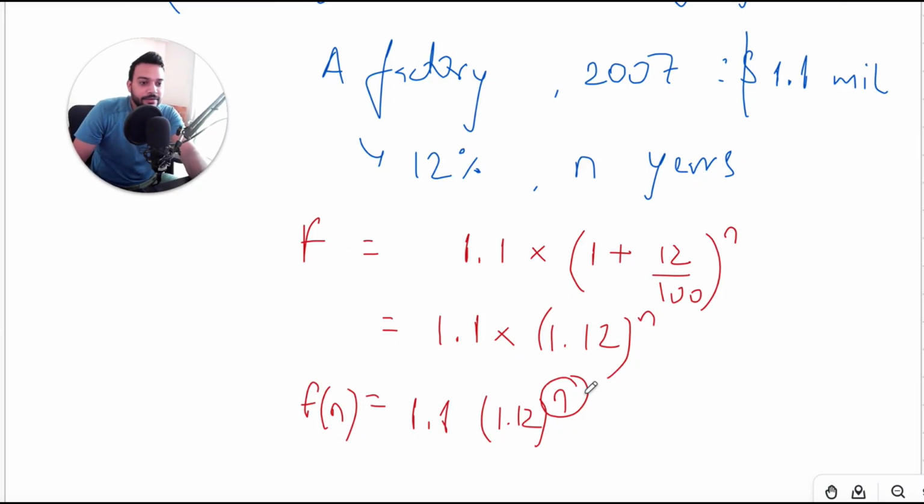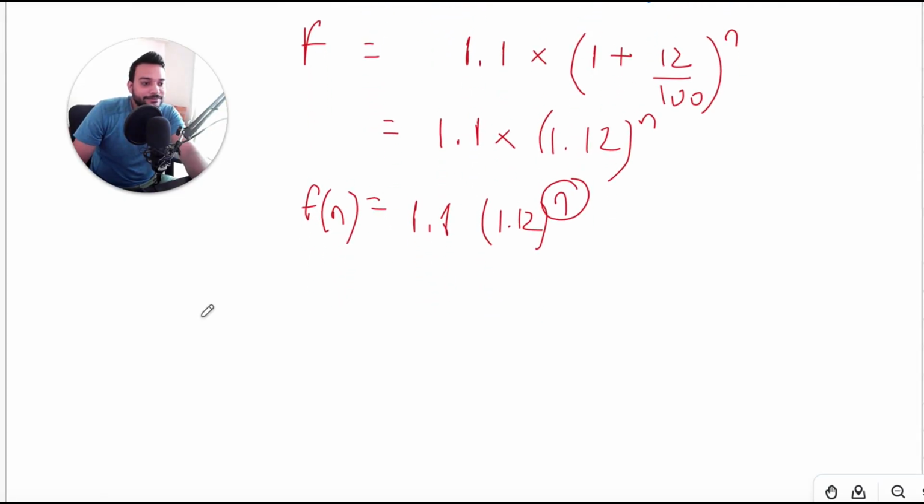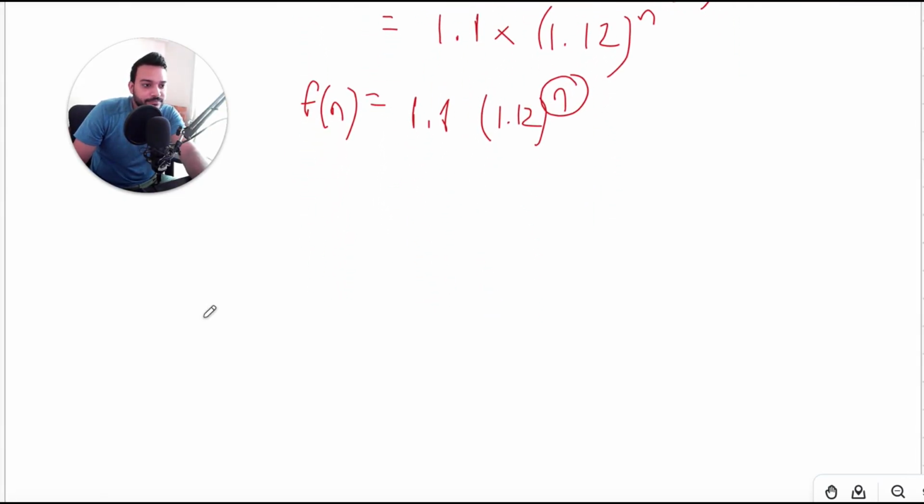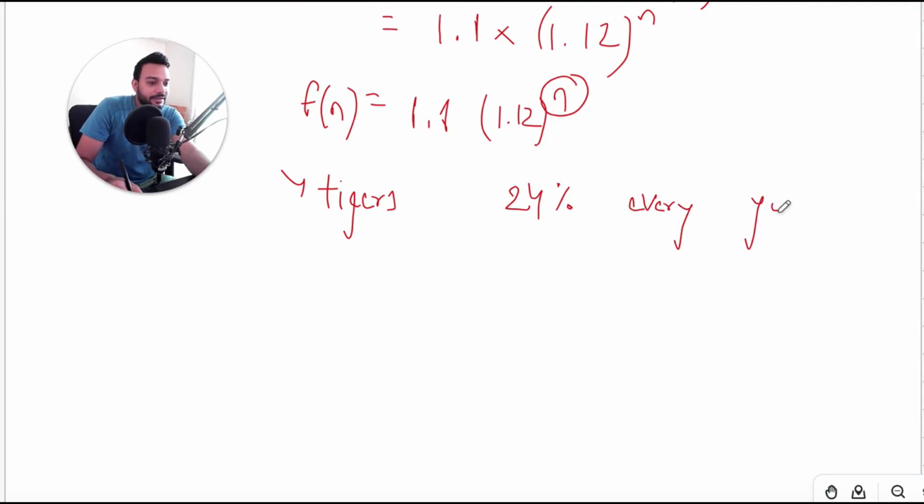Okay, next, let's say the population of tigers in a forest is decreasing by 24% every year, and in the beginning it was 12,000. After 10 years, what is it going to be?